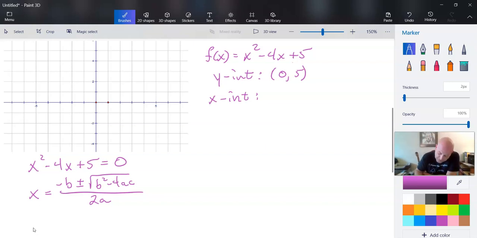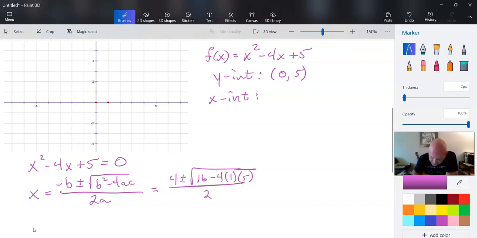So we just need to plug it in. So negative b, if b is negative 4, so negative b is positive 4, plus or minus the square root of b squared, which is 16, minus 4 times a, a is 1, times c. C is 5, and that's all over 2a, and a is 1. So that's over 2. And we just need to simplify this down now.